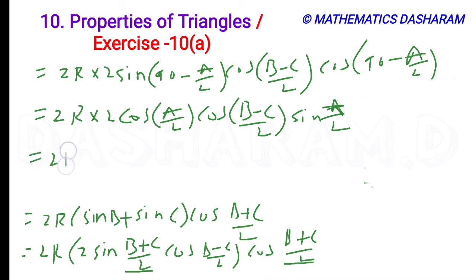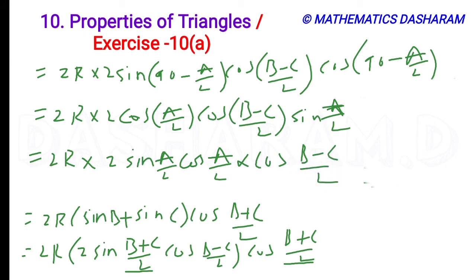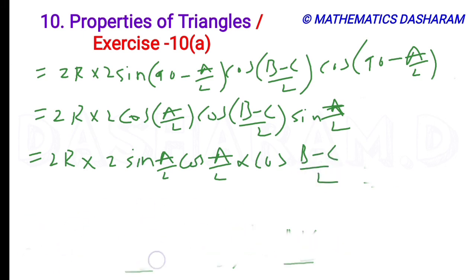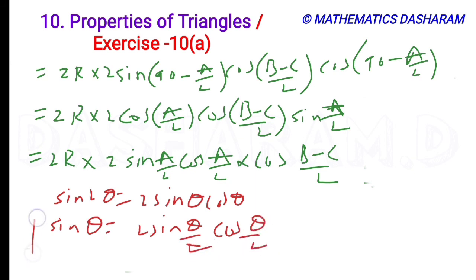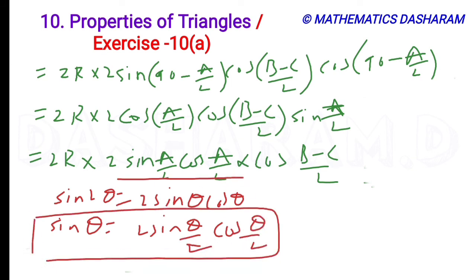So it is equal to 2r into 2 sin a/2 into cos a/2 into cos (b minus c)/2. So the sin 2 theta formula is sin 2 theta equals 2 sin theta into cos theta. Then the sin theta formula is 2 sin theta/2 into cos theta/2. So use this formula at this place.